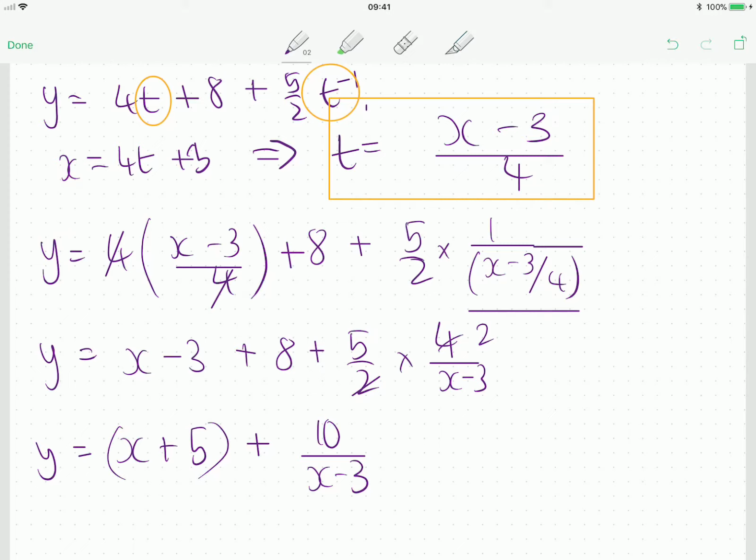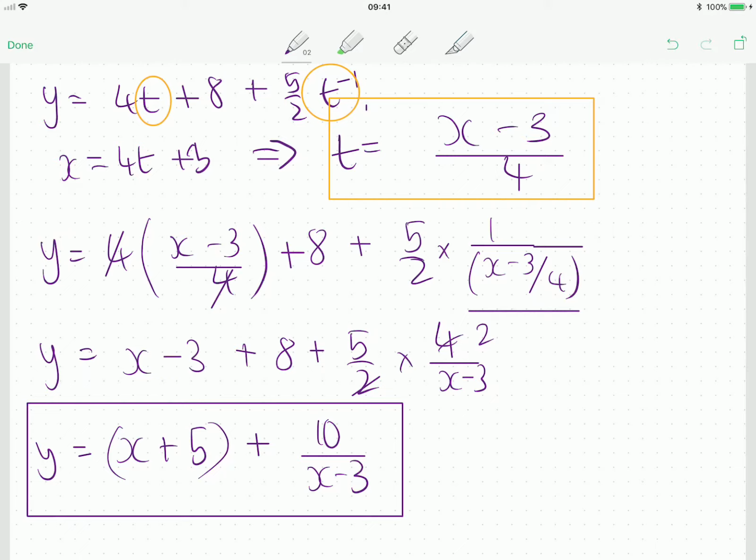Okay, so this is quite a nice form to leave it in. I think it's quite useful if you're sketching some graphs, particularly when looking for certain features. We could do a bit more. I just want to say at this stage, this is fine for a final answer. But I'm going to go a bit further just to cover all the different bases. So let's write this as a single fraction.